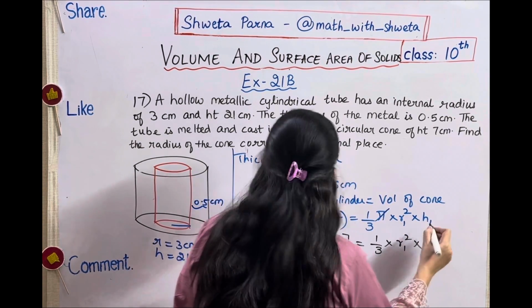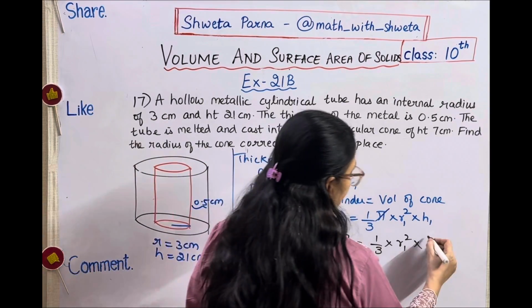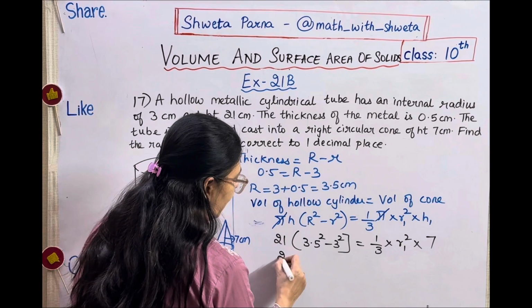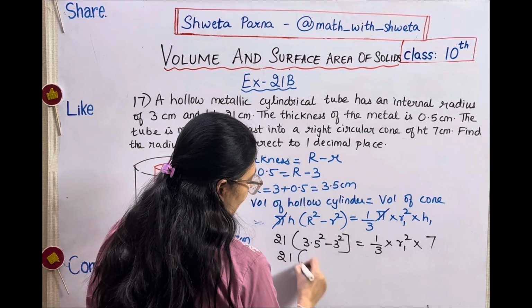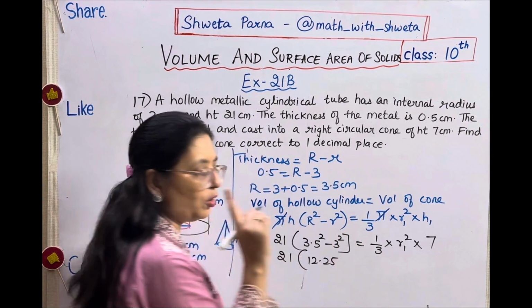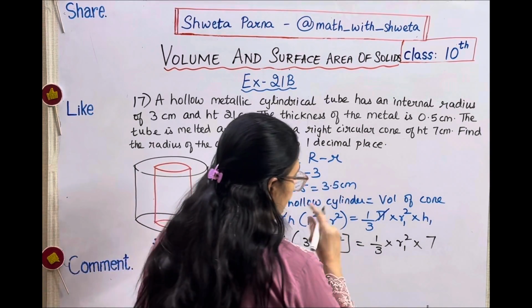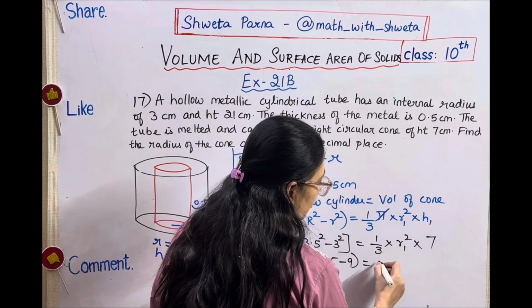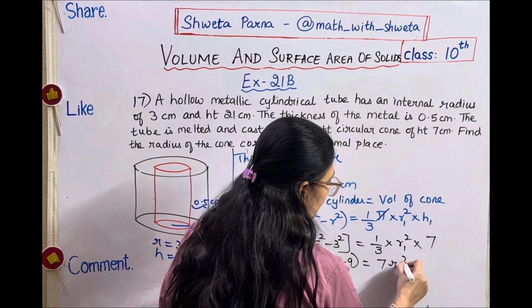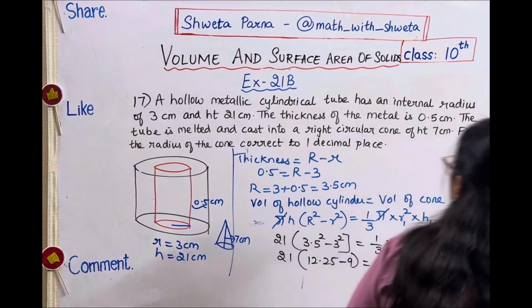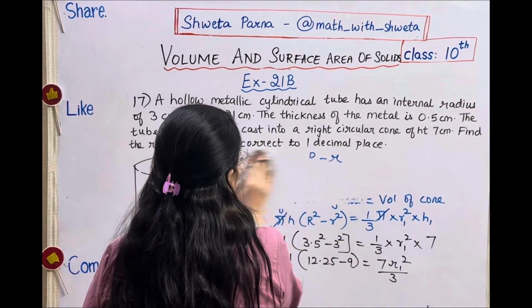You need to find, what is the height given? 7 centimeter. Okay, so this is 21 into 3.5 square is 12.25. You can check out my shorts on squaring off numbers ending with 5. Minus 9 is equal to 7 r1 square upon 3. Okay, let's solve this here.